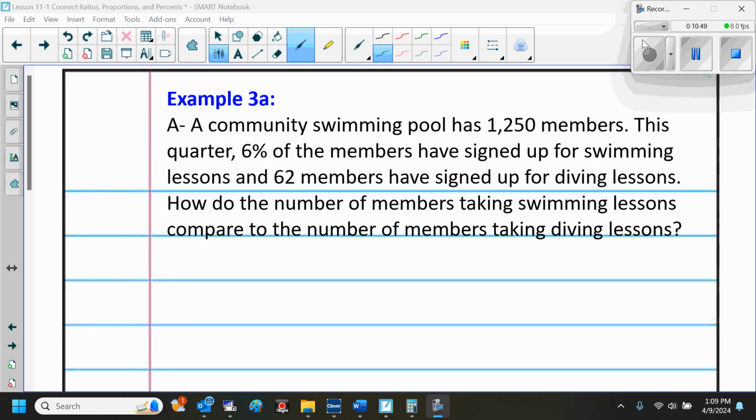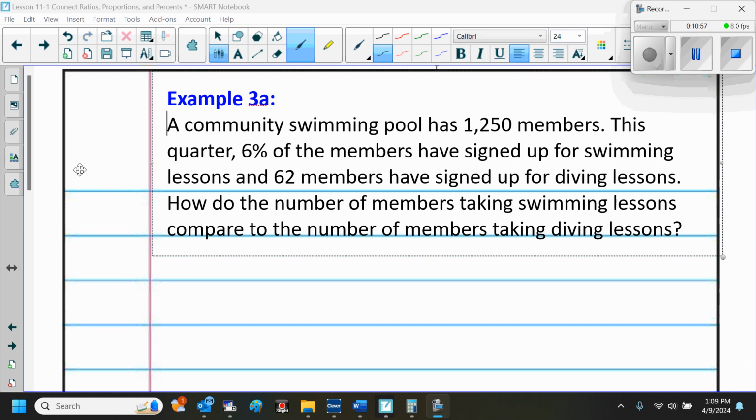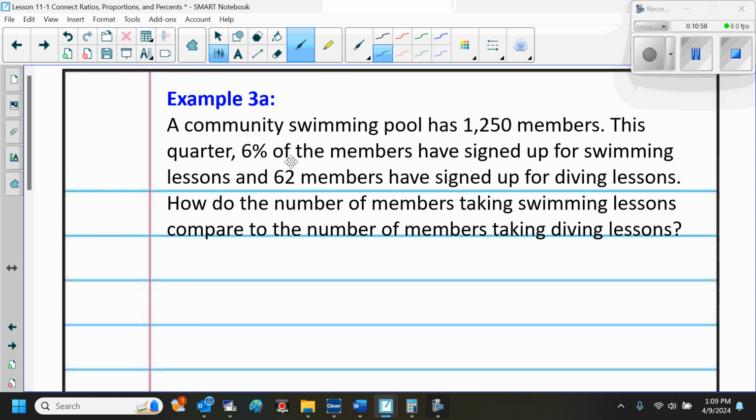All right, so for example 3, it says a community swimming pool has 1,250 members. This quarter, 6% of the members have signed up for swimming lessons, and 62 members have signed up for diving lessons. How do the number of members taking swimming lessons compare to the number of members taking diving lessons?